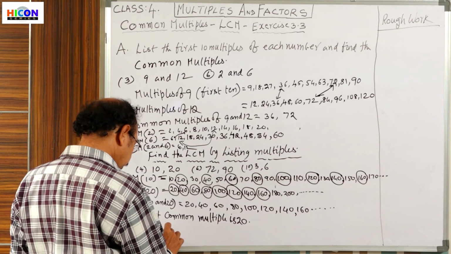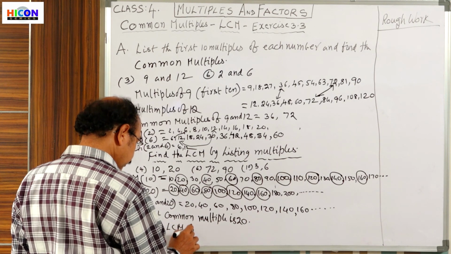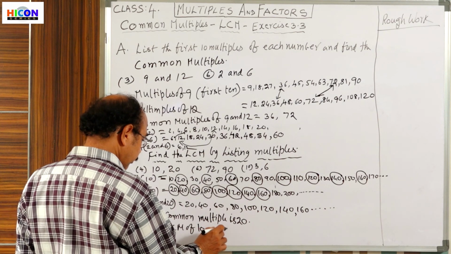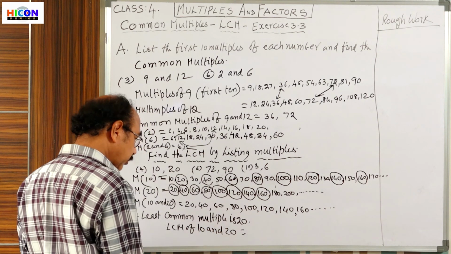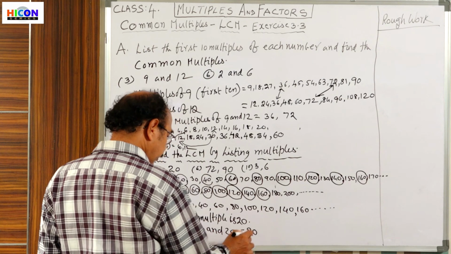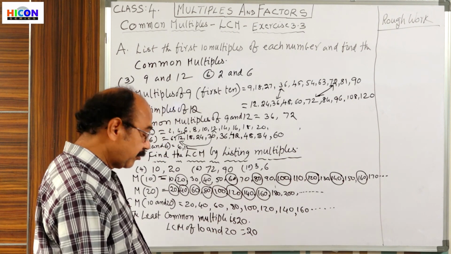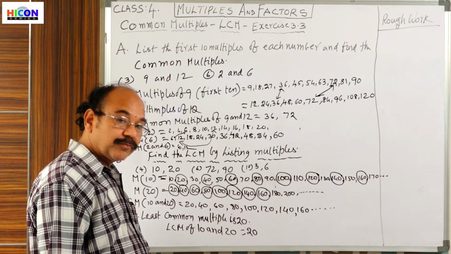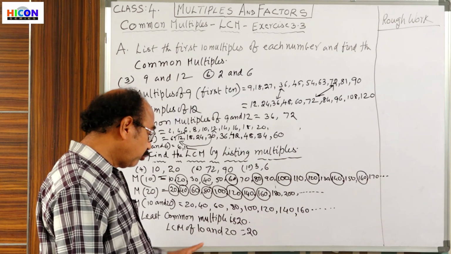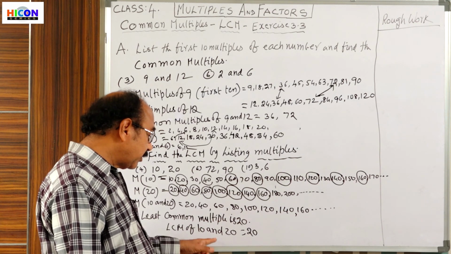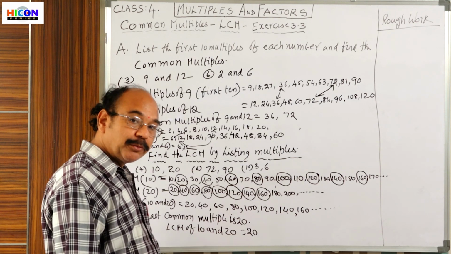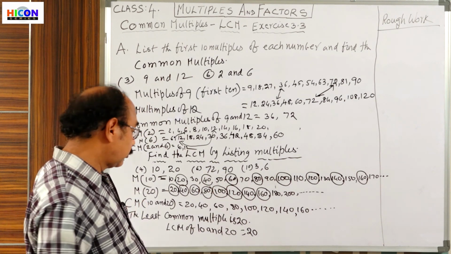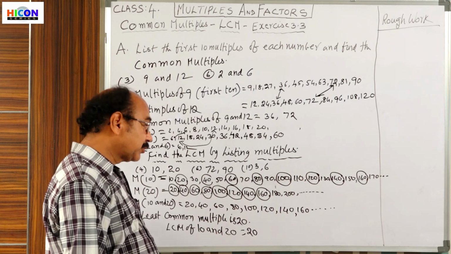Therefore, LCM of 10 and 20 is 20. Here 10 is the divisor of 20. Of the two given numbers, one number is the divisor of the other number. The other number is the LCM. Okay, children. So the LCM of 10 and 20 is 20.